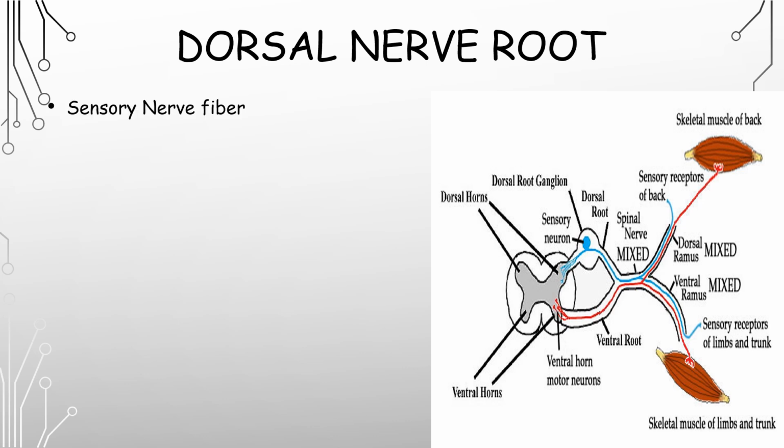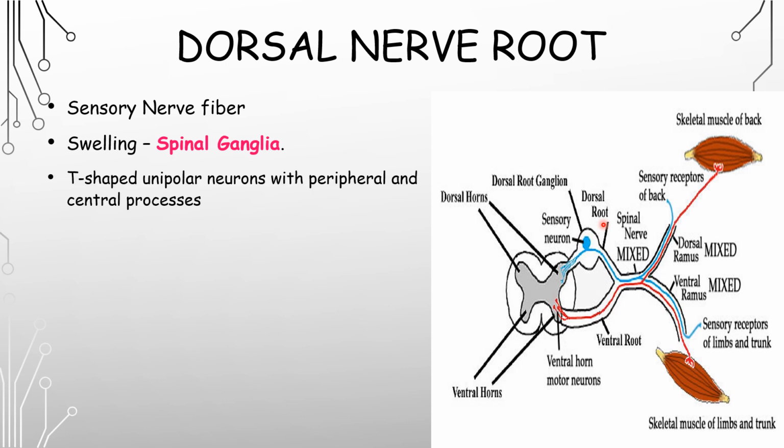All the sensory fibers reach the spinal cord through the dorsal nerve root, and then there is a swelling here. You can see this is the dorsal nerve root ganglion, also called the spinal ganglion. There is a marked swelling in each dorsal nerve root, and this is called the spinal ganglion.